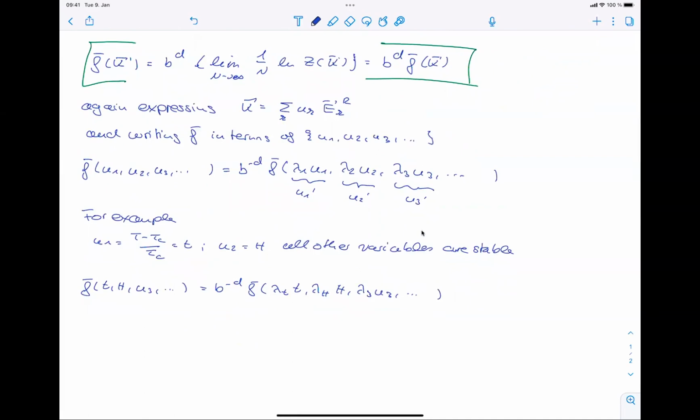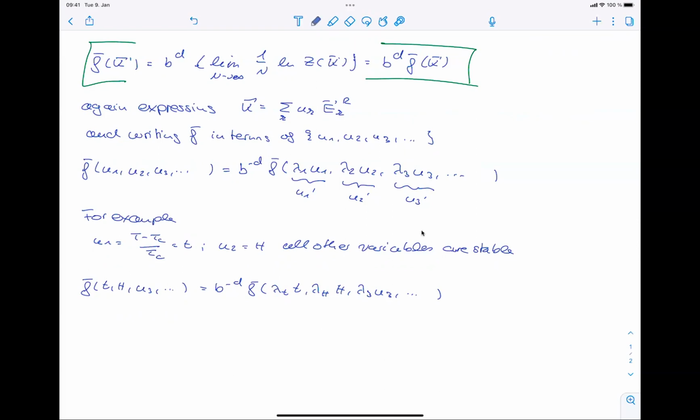Now, I want to make a claim. And the claim is that I actually know the scaling of the eigenvalues as a function of B. So B is my blocking factor.